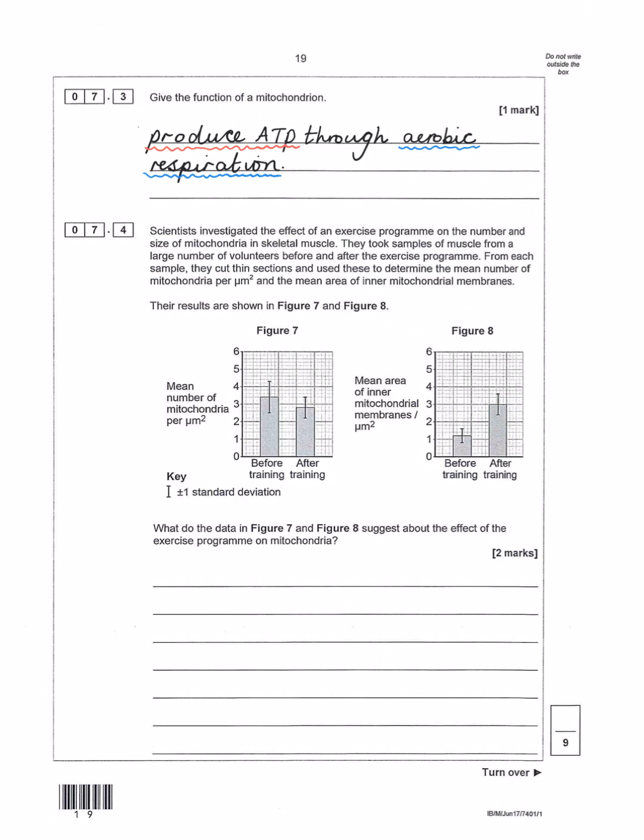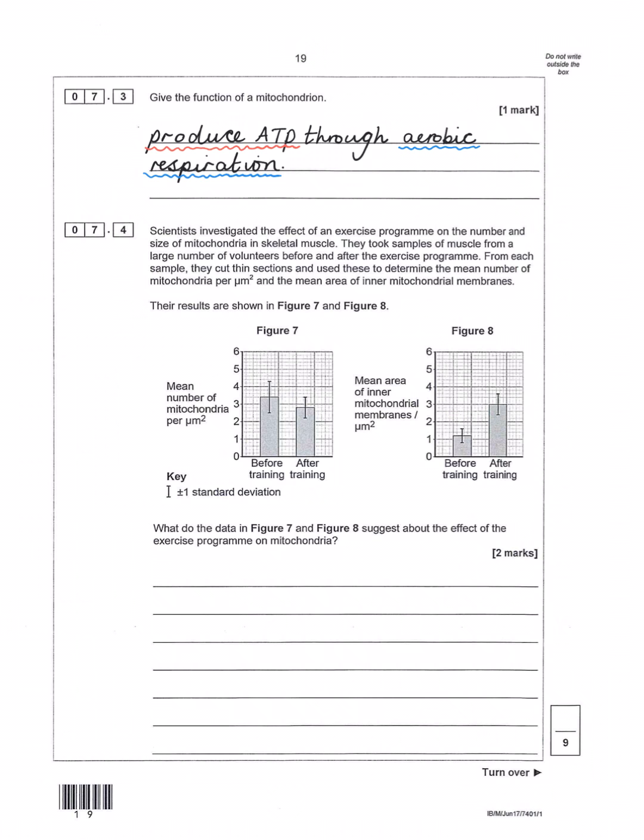From each sample, they cut thin sections and used these to determine the mean number of mitochondria per micrometer squared and the mean area of inner mitochondrial membranes. So they were investigating whether exercise affected the number of mitochondria in muscle cells and also the size of the mitochondria in the muscle cells.